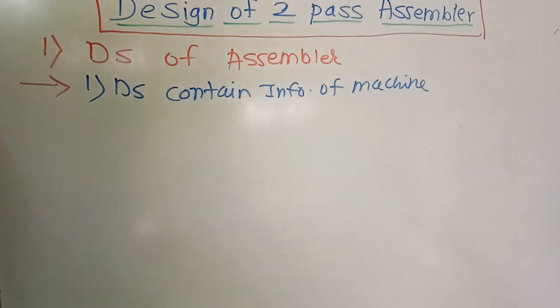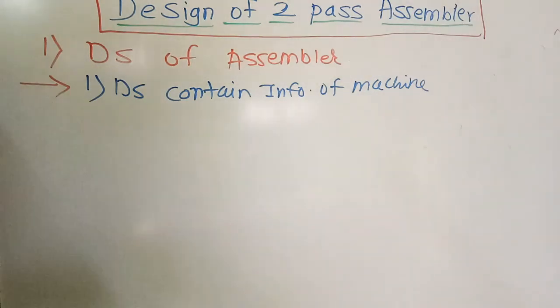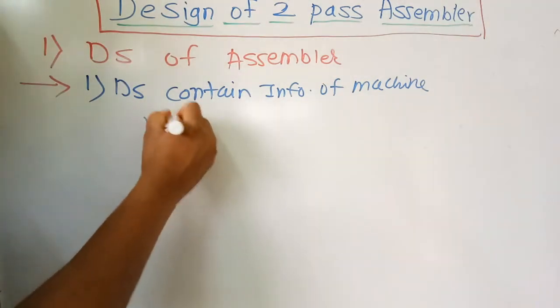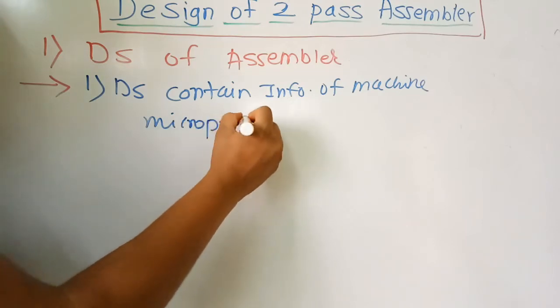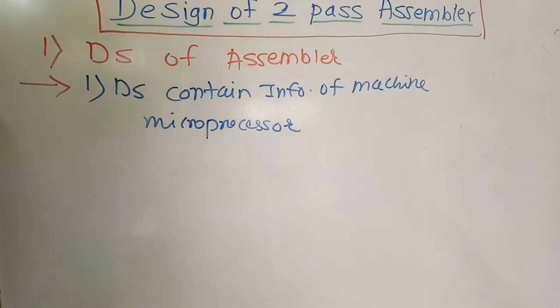Means in plain terms, this data structure is not updated by the user. This is updated by the machine. They are also called predefined data structures because they are defined by the assembler and contain all essential information of the machine. Means it contains the information of the microprocessor.